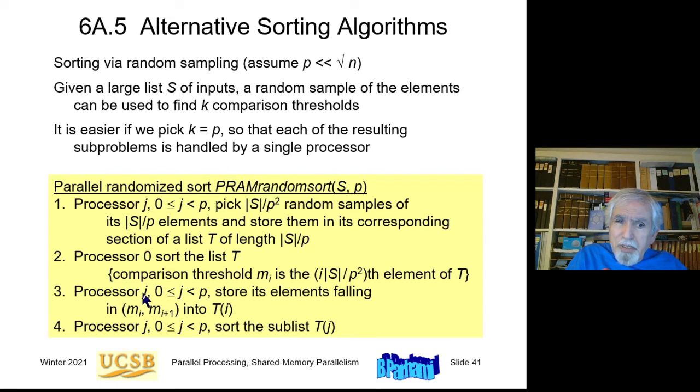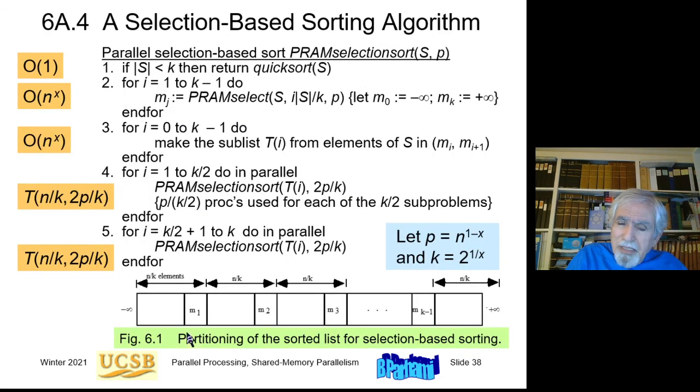Processor j stores its elements falling between m_i and m_{i+1} into T_i, and processor j sorts the sublist T_i. So what we have done here is find these thresholds through random sampling instead of through selection, which guaranteed they were equally spaced.